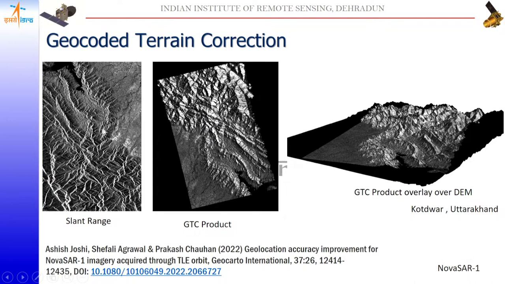Most of the NovaSAR products are available in either slant range or ground range, so we have done some terrain corrections on the NovaSAR image itself. You can see after the corrections, these mountains are coming in the proper geometry. You can also refer to this article, published in Geocarto International, for further literature.